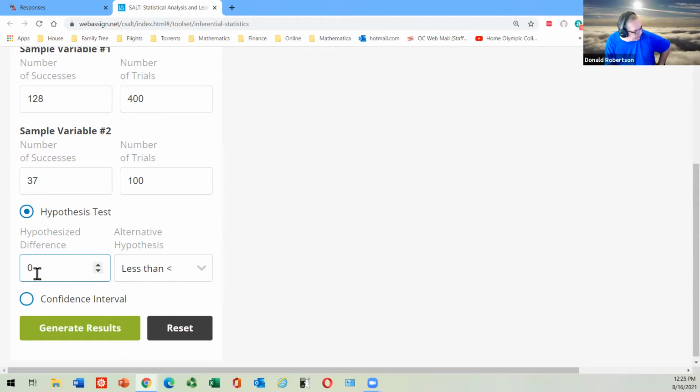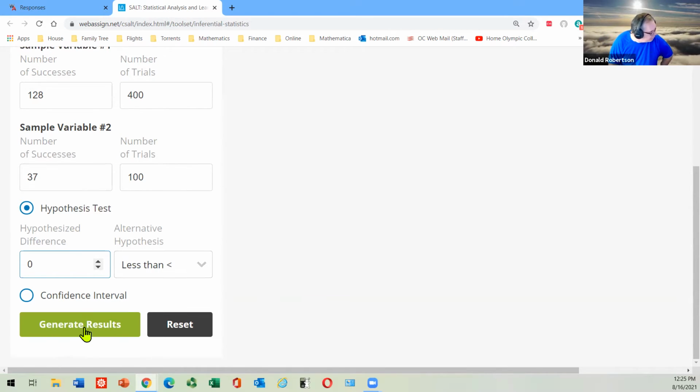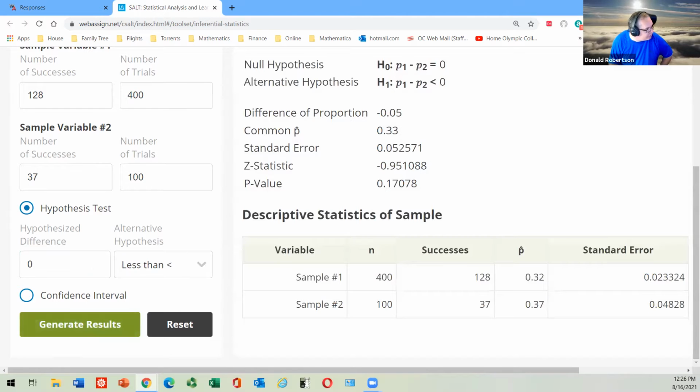That's the cryptic version of what you write for your alternate. So if the next question is a bigger than, P1 minus P2 is greater than 0, you'll make that more than. And if you get the is it different in some way story, you'll make that one not equal to. That's the 3 versions. Now, I should be ready, and I'm going to hit generate results.